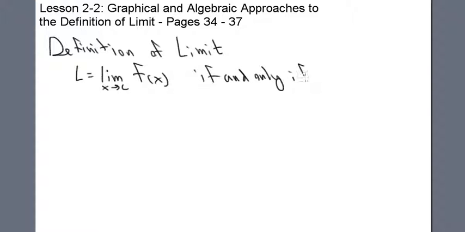Now, it gives us a pretty mathematical definition, which is some language that you have to start learning how to read. So we have L equals, and it's written LIM, x to c, f of x, if and only if, for any number epsilon, and epsilon is written as this backwards E. It's a Greek letter.